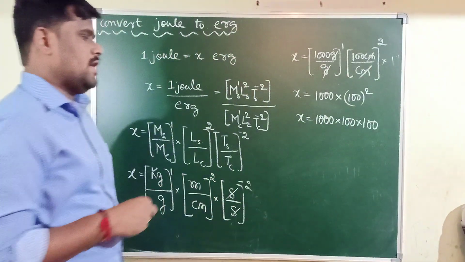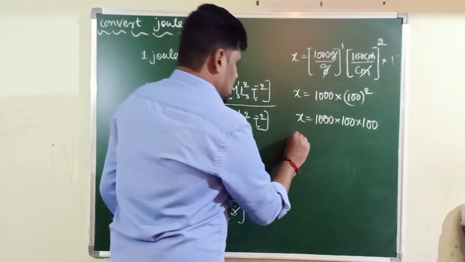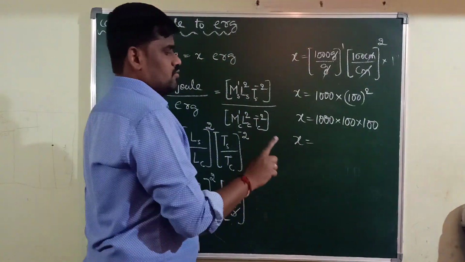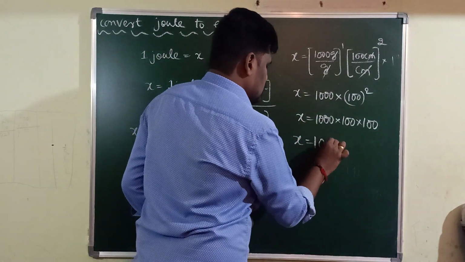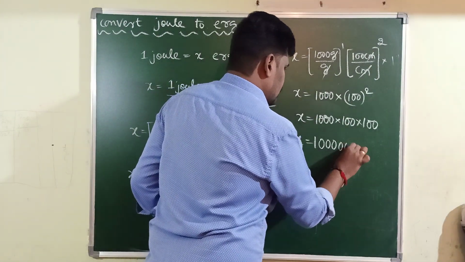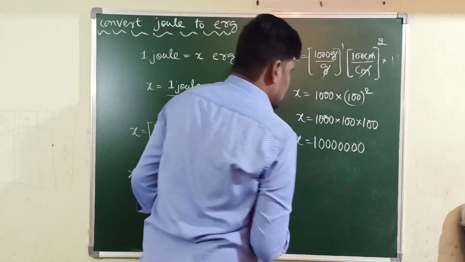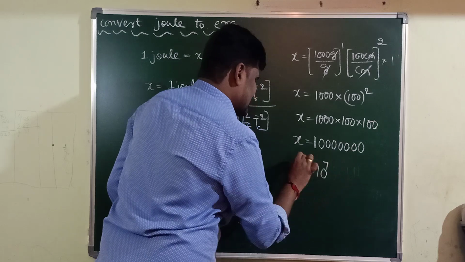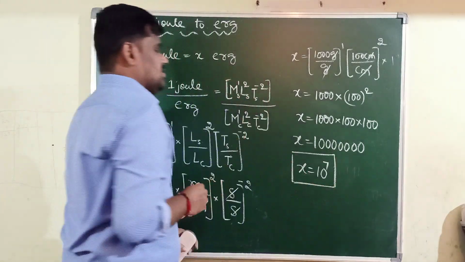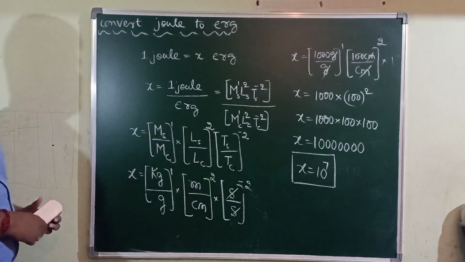If you multiply 1000 into 100 into 100, I will get 1, 2, 3, 4, 5, 6, 7. Or else x is equal to 10 power 7. X is equal to 10 power 7.